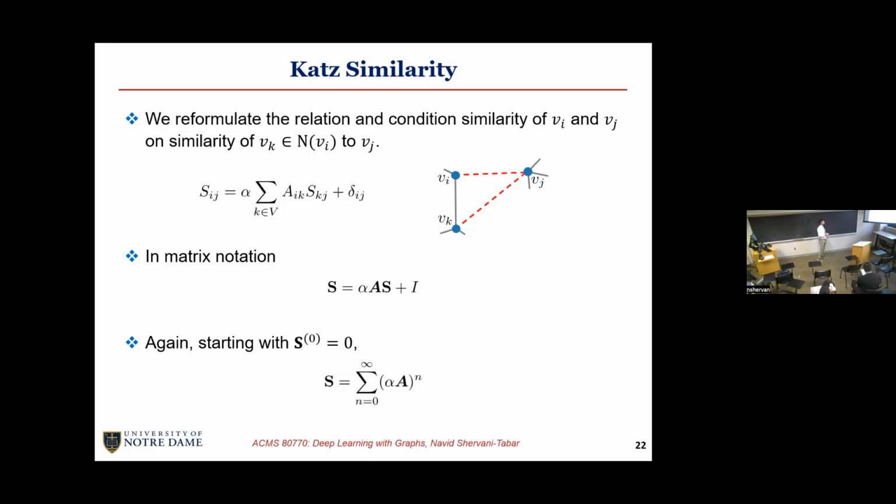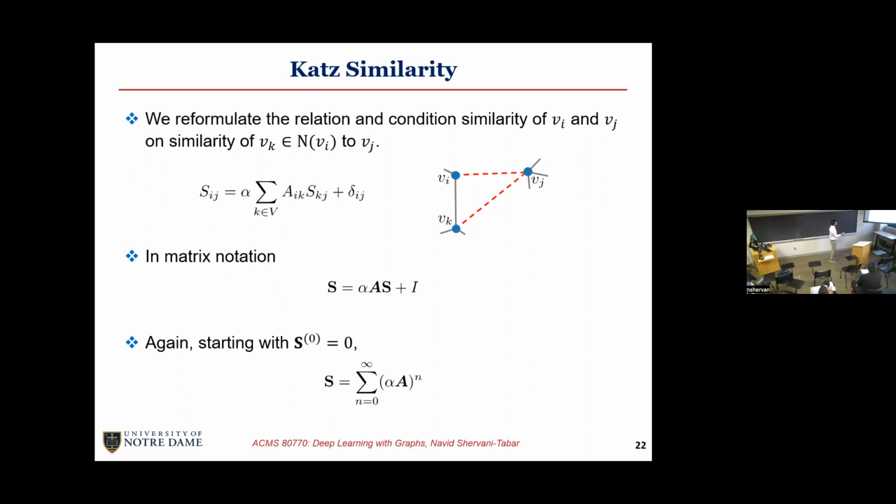We reformulate that by excluding the neighbor of Vj. So we say that if node Vi has a neighbor named Vk, and if that is similar to Vj, then nodes Vi and Vj are similar to each other.